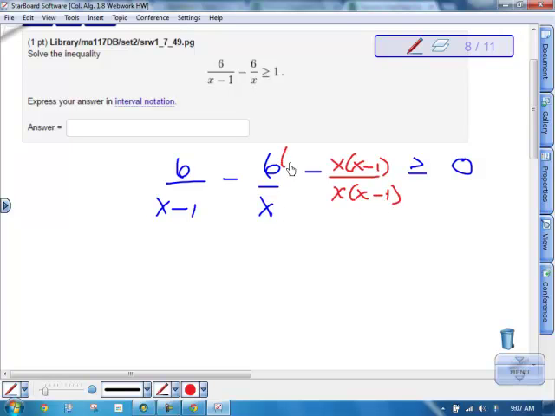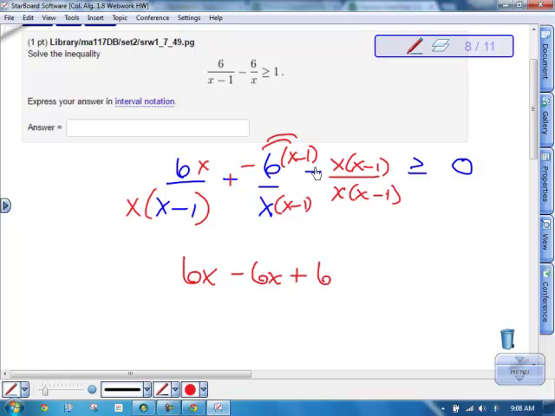This one we're going to need to multiply the top and the bottom by x minus 1 to get a common denominator. And this one we're going to have to multiply top and bottom by x to get a common denominator. So we end up with 6x minus, I'm going to distribute this negative 6 to both terms. So they give me minus 6x plus 6. And I'll make this plus or minus as well and distribute that.